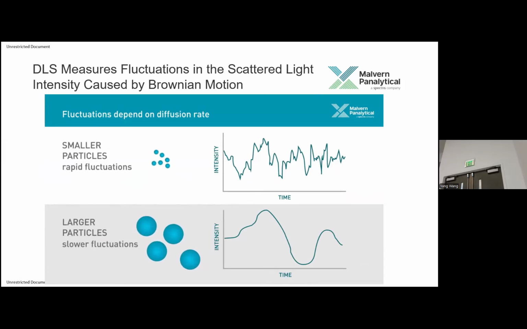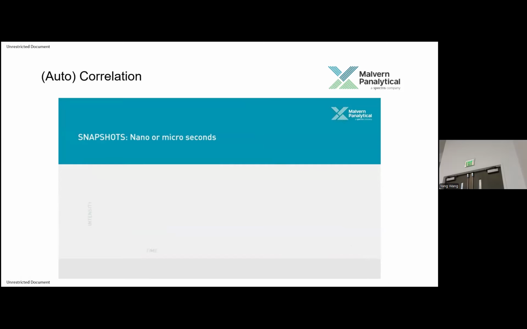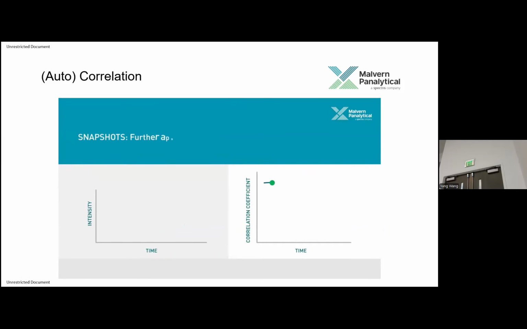So smaller particles, rapid fluctuations; larger particles, slower fluctuations. Then we look at this signal, take rapid snapshots in time, and compare the signal change back to time zero. That whole process is called autocorrelation. We have time zero, the original signal, and as time progresses we plot the correlation coefficient over time.